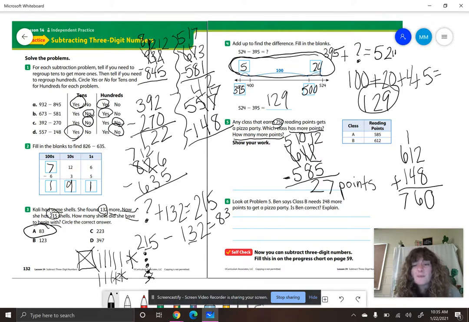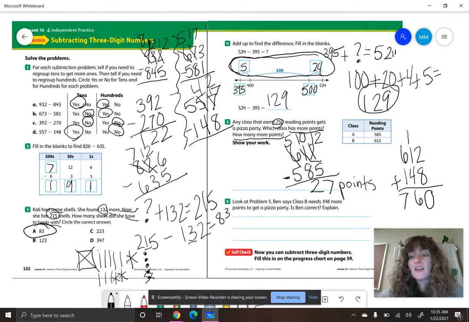Will they have a pizza party with 760? Yes. But let's say that the problem is wanting us to find exactly 750. What do we have too much of with 760? Our hundreds, they look great.